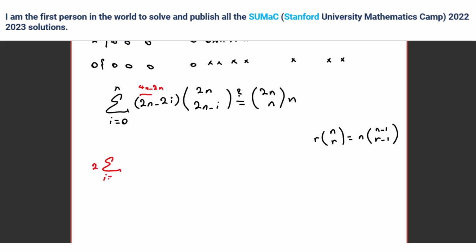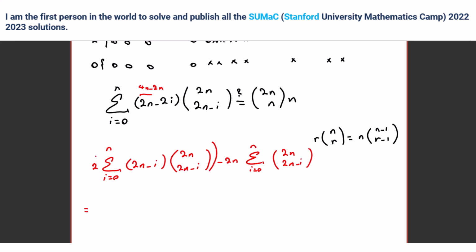So it would be 2 times sigma i from 0 to n of (2n minus i) times 2n choose 2n minus i, then we use 4n minus 2n times 2n choose 2n minus i. Agree? Yeah. But this 2 is not for these two, so let's write two parts here. I can write it as sigma i from 0 to n of this part minus this. Okay, what can we do for this part?